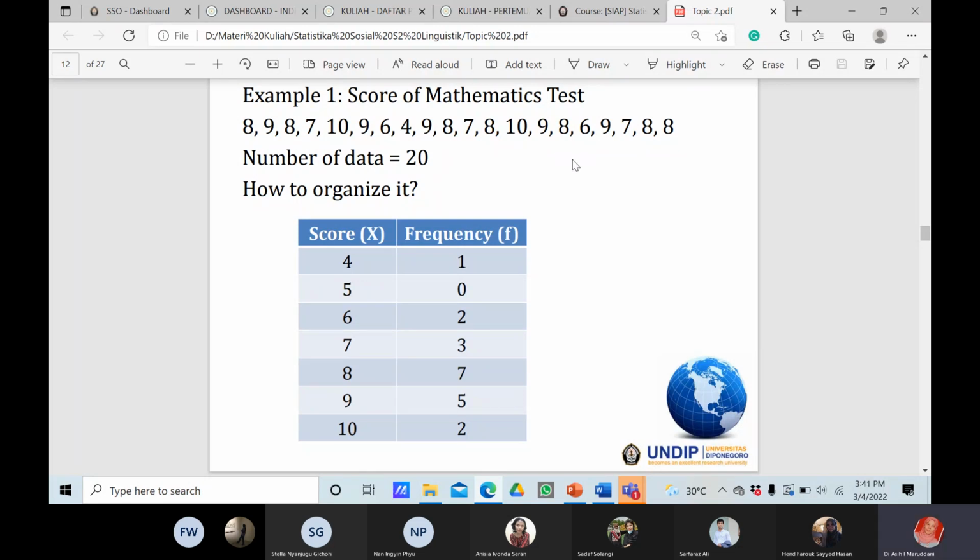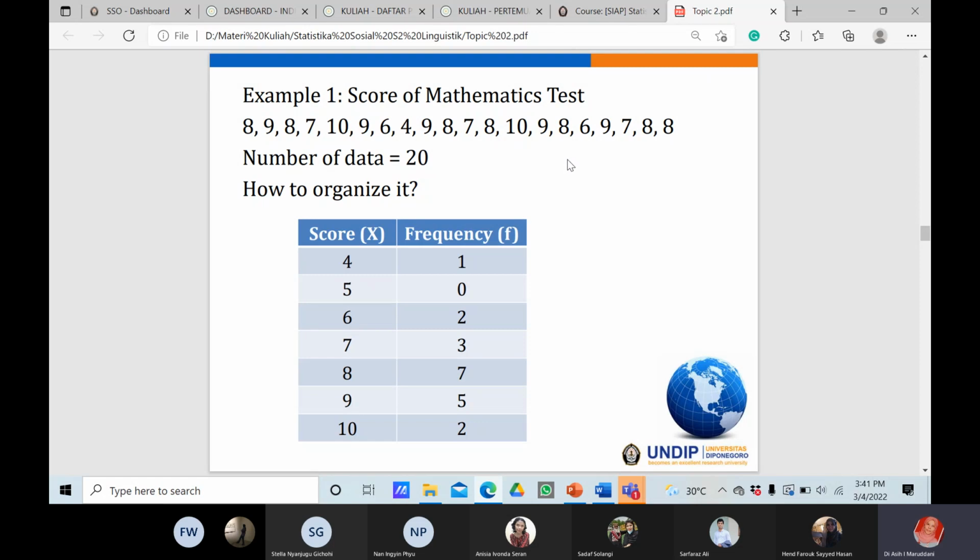The total is 20 students. Then you will present the series of data as a frequency distribution.